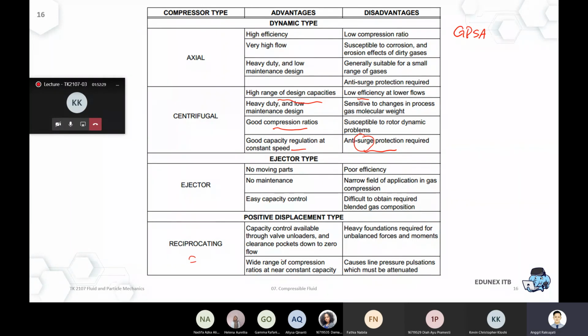Reciprocating, wide range of compression ratio, very high CR, above the centrifugal compressor, but a heavy condition because of unbalanced force, vibration and pulsation. So it's harder to maintain compared to a centrifugal compressor.